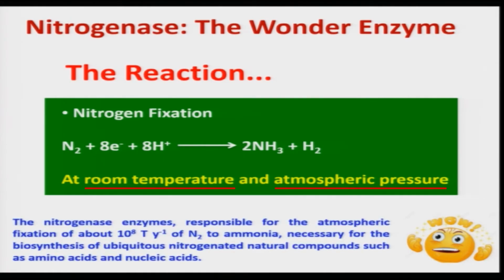The nitrogenase enzyme is responsible for the atmospheric fixation of about 10 to the power 8 tons per year of nitrogen to ammonia, necessary for the biosynthesis of nitrogenated natural compounds such as amino acids and nucleic acids. You see how important this is for our biological system.